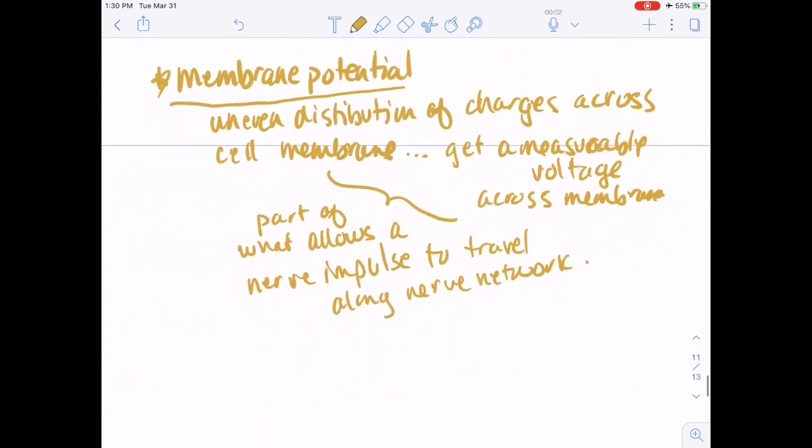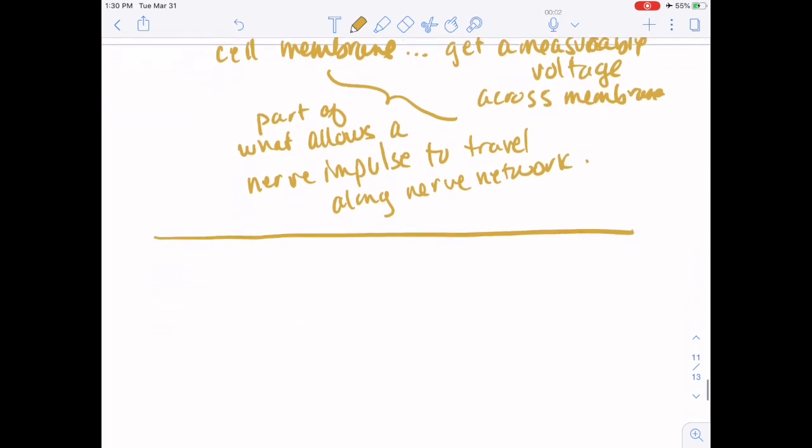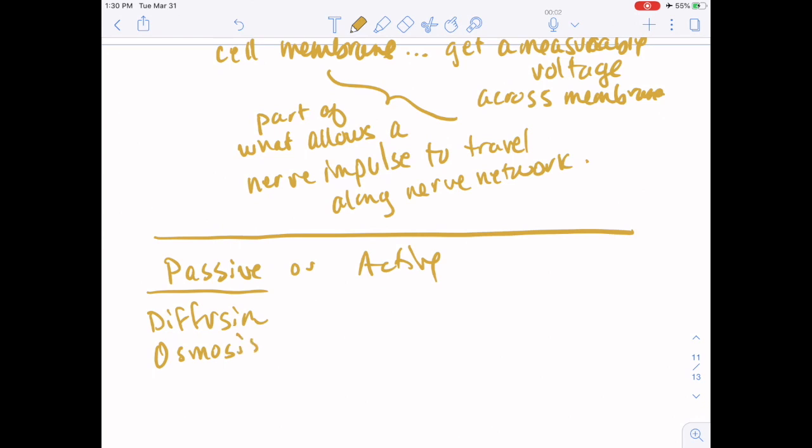Alrighty. Now the types of transport across the cell membrane that we've looked at have been categorized as passive or active. And for passive, we talked about diffusion and osmosis. For active, we talked about waste products and the sodium potassium ion pump.